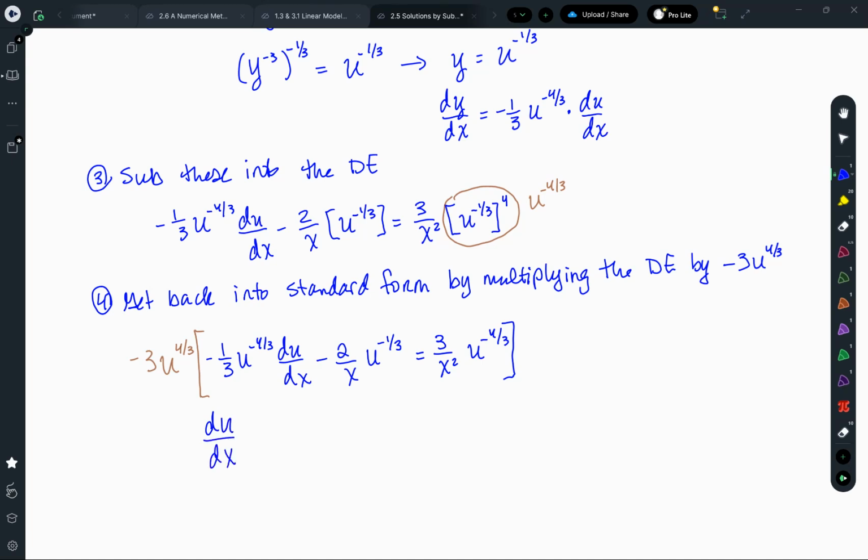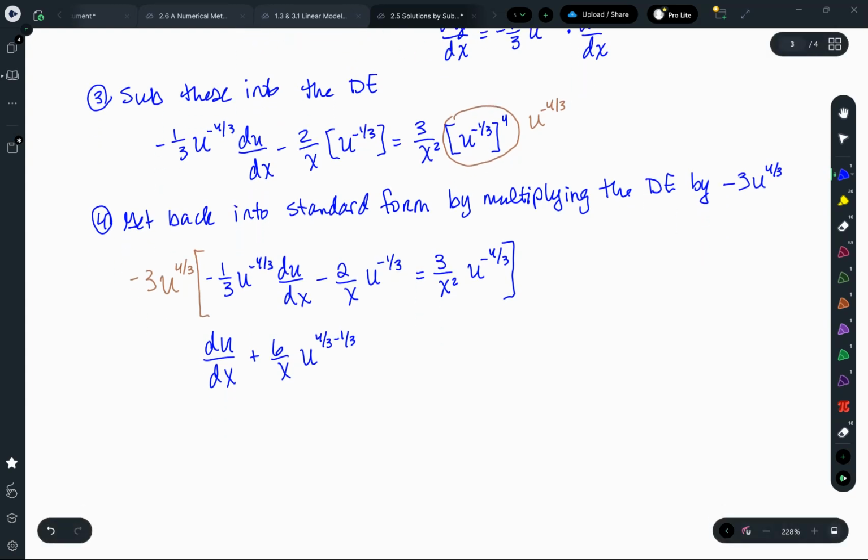When it distributes to the second term, I have that minus 2 over x already. That becomes plus 6 over x. And then the u becomes u to the 4/3 minus 1/3. I'm just going to show the steps so it's very clear why things simplify the way they do.